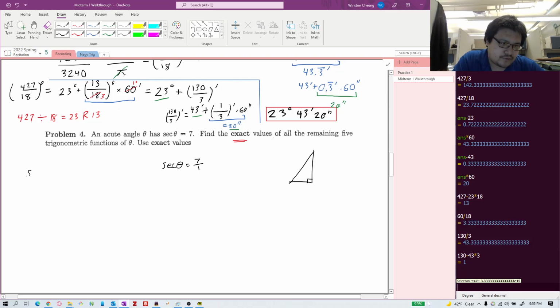This is a definitional thing. Sine is defined to be the opposite side over the hypotenuse. Cosine is defined to be the adjacent side over the hypotenuse. Tangent is defined to be opposite over adjacent. And then you have the other 3 trig functions, which are just reciprocals.